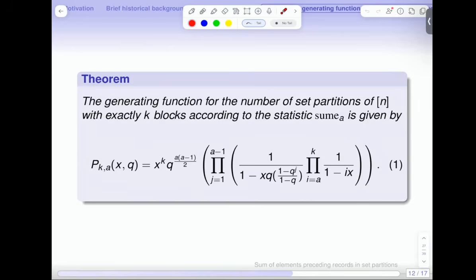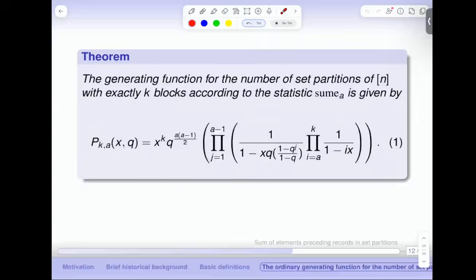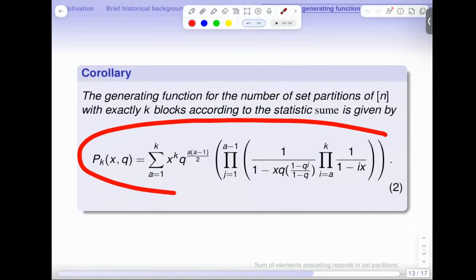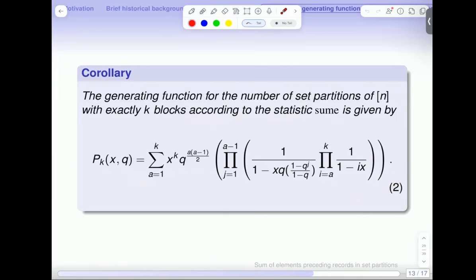And of course, if we want to find the generating function p(x,q), we need to sum over all k from 1 to n. So we will get the following result, and this is the formula for p(x,q).